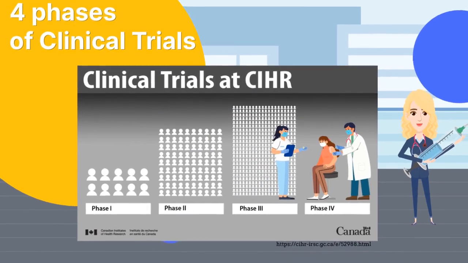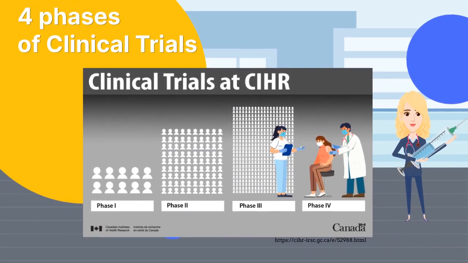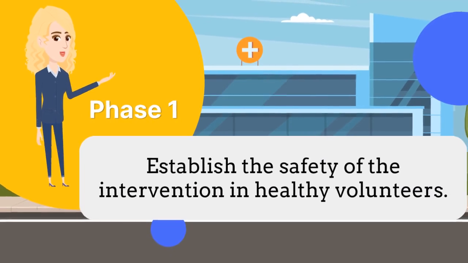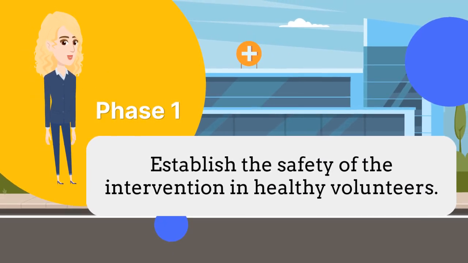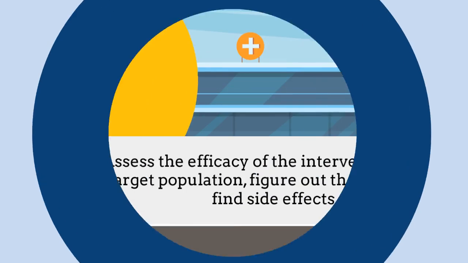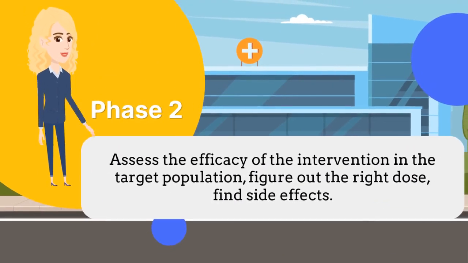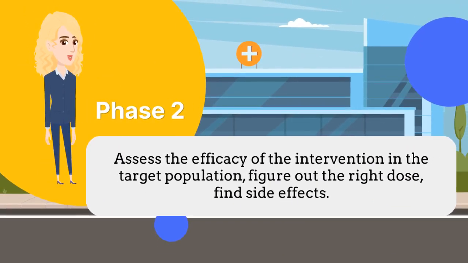Here is a helpful infographic from CIHR illustrating the 4 phases of clinical trials. According to Health Canada, Phase 1 aims to establish the safety of the intervention in healthy volunteers. Phase 2 is there to assess the efficacy of the intervention in the target population, to figure out the right dose and find side effects.